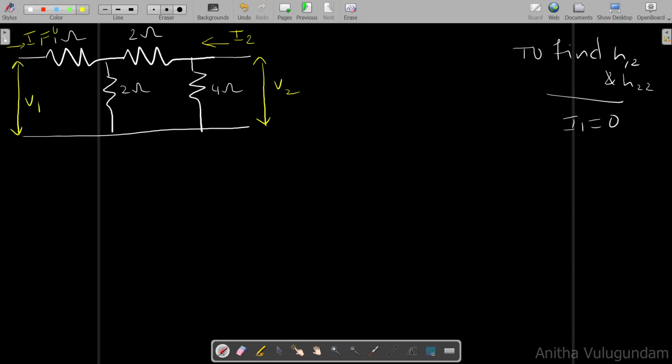When I1 equal to 0, no current is entering this branch, so we can ignore this branch. By removing this branch, this is how the circuit will look.